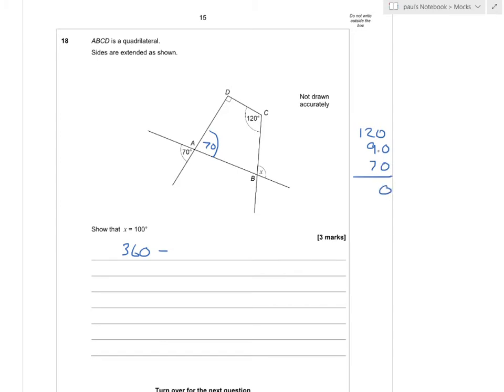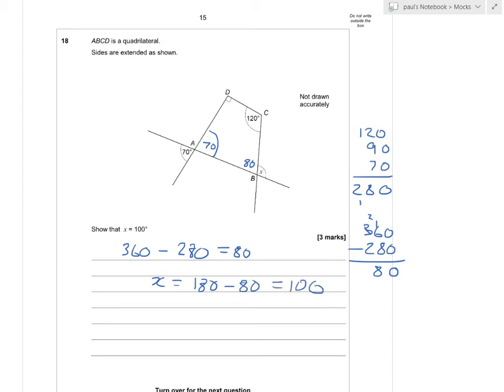That's 280. So 360 take away 280 equals 80 for that corner, and x will be 180 because it's on a straight line. Take away the 80 equals 100.